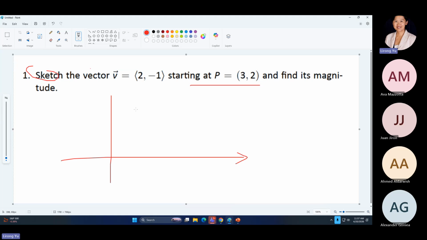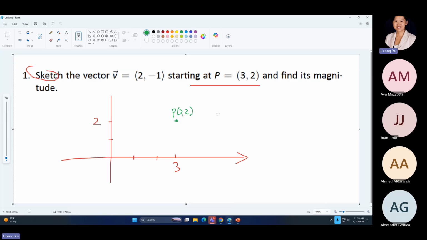So we start with 3, 2. So we go 1, 2, 3 on the x-axis. Again, two-dimensional, it's possible to graph it. So 3, 2, and we find the point 3, 2 right here. That's point P, which is 3, 2.